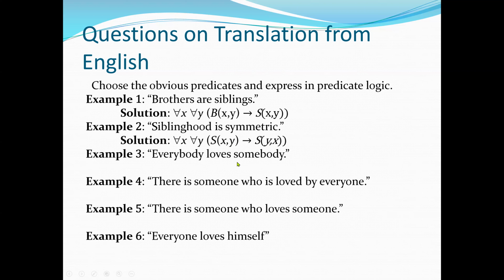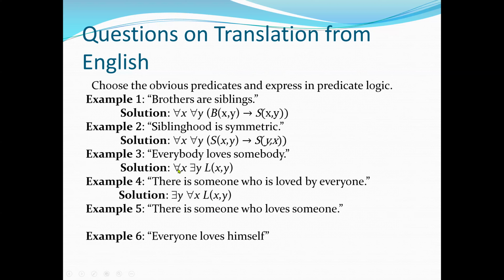Everybody loves somebody. So here we say for all x, there exists some y, love(x,y). There's someone who is loved by everyone. We get the opposite here now.